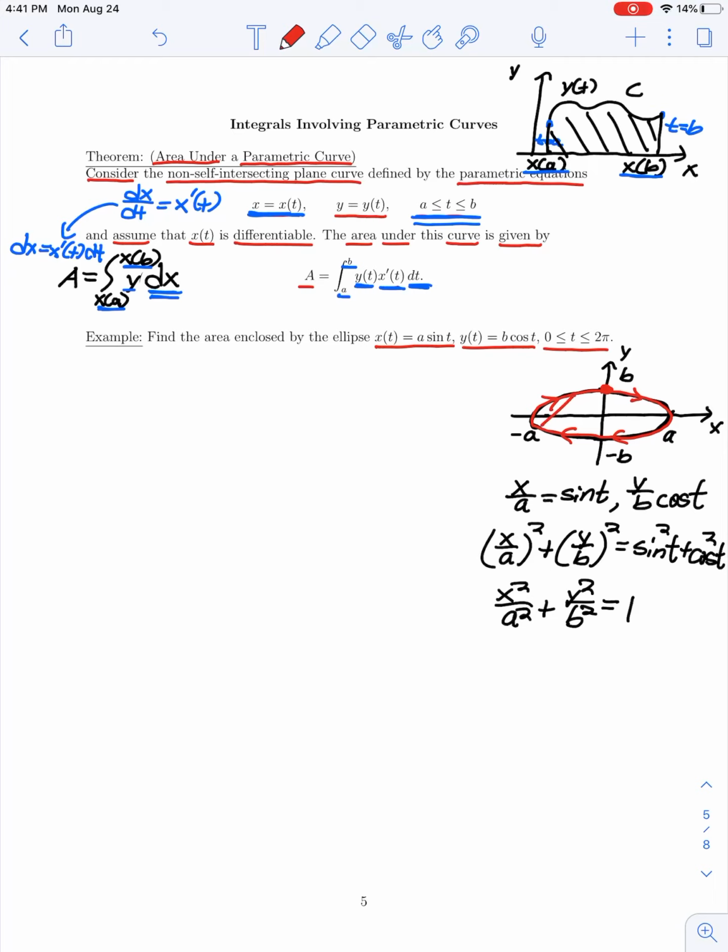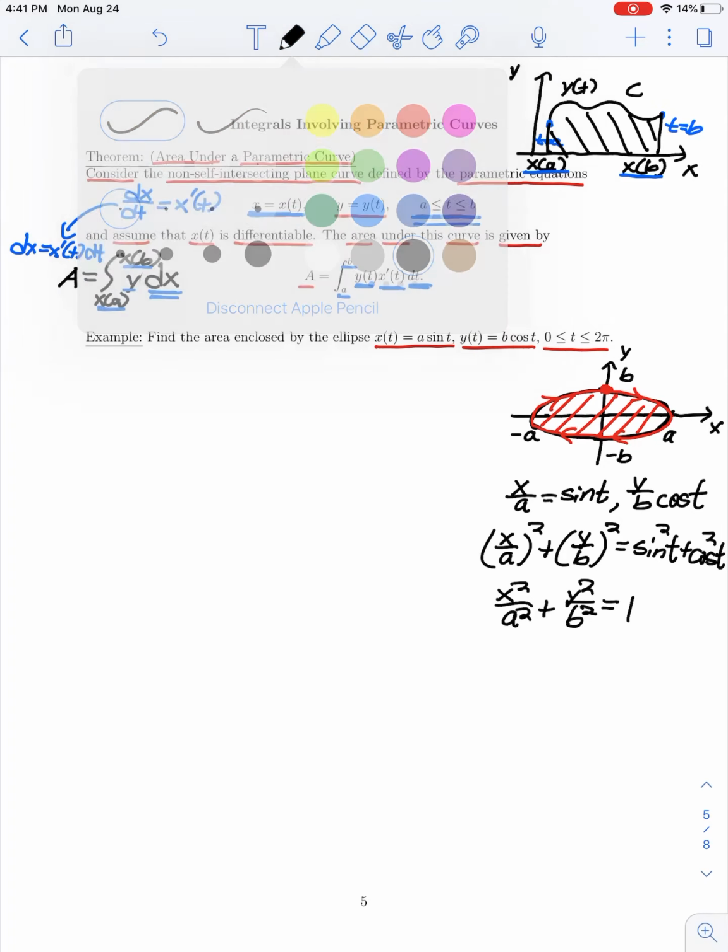What we're interested in is the area enclosed by that ellipse, this shaded area here. So we can use our new formula for the area under a parametric curve to find this area. Let's take a look at it.